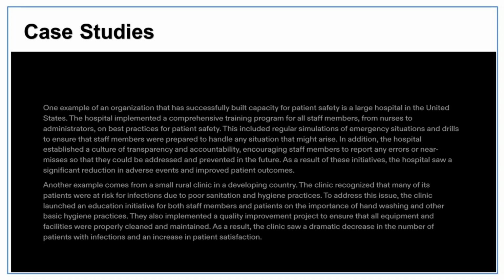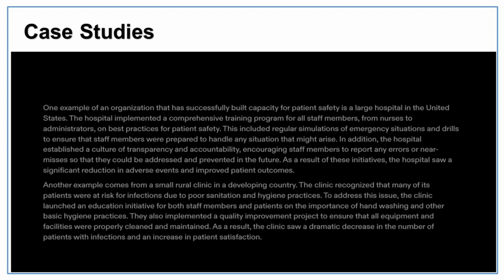Then a similar example is from a small rural clinic where they recognized that there were many patients at risk of infection because of poor sanitation. So what they did, they introduced in the clinic hand washing for both patients as well as healthcare workers, and they did the education for that first.